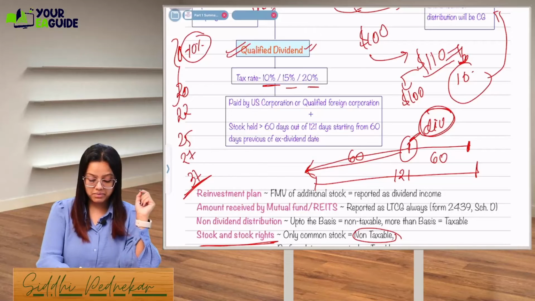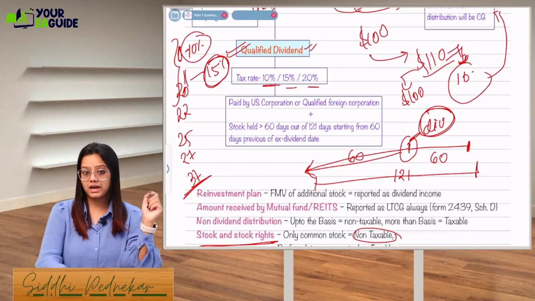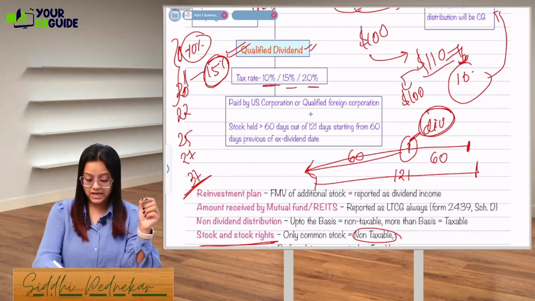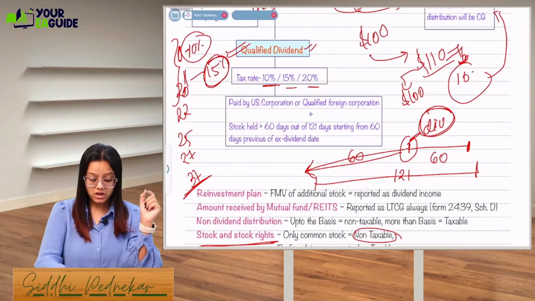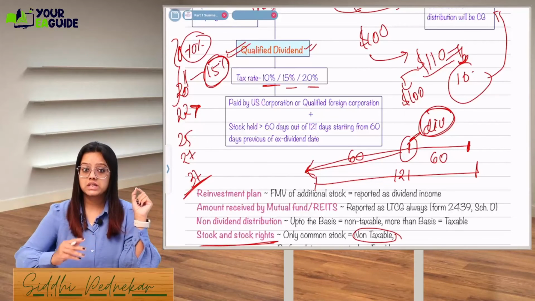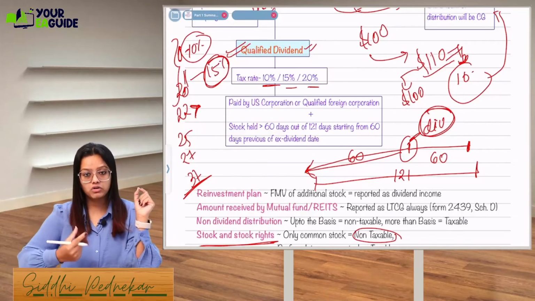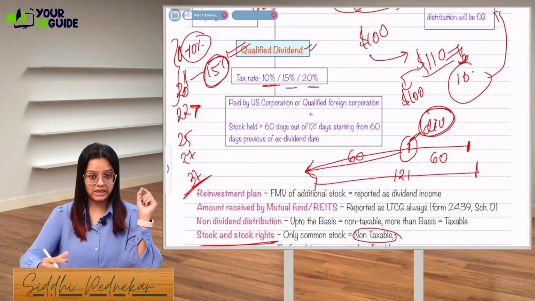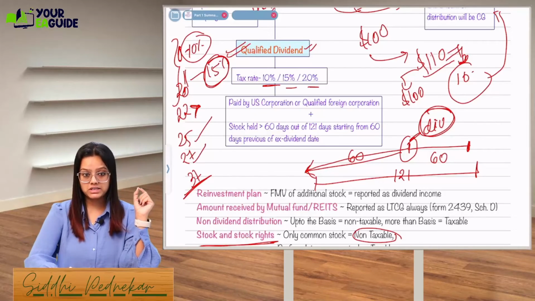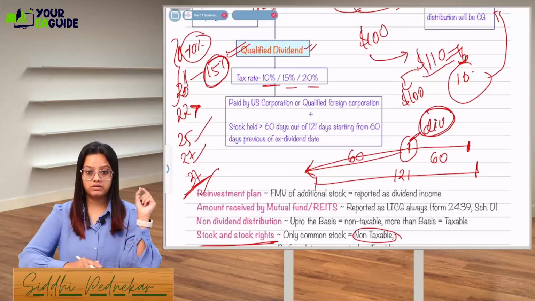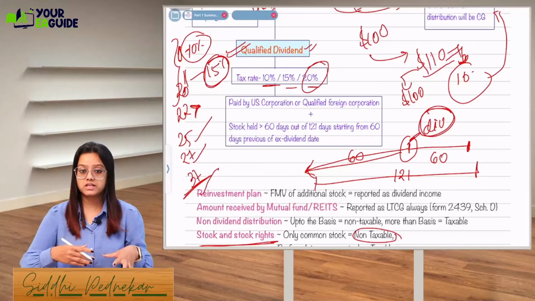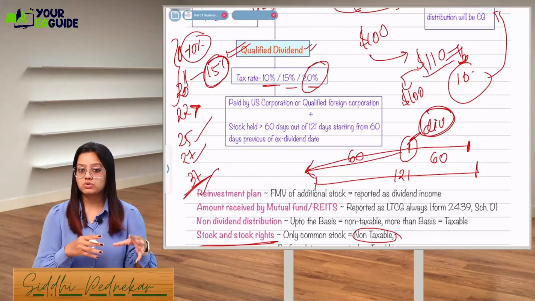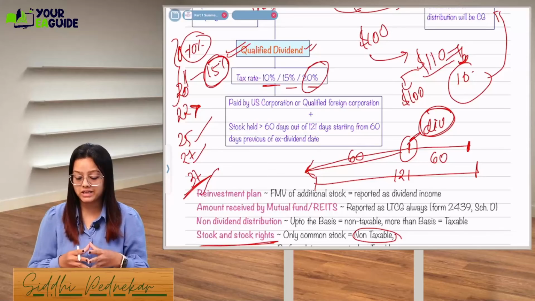If you have a slab rate from 11 to 15%, you will have to apply a maximum of 15% as the qualified dividend tax rate. More than 15%, whatever your slab rate is, you have to check which slab you are falling in. If it is more than 15, even if it is 25, 27, 37, the maximum qualified dividend tax rate will be 20%. This is the tax rate used for qualified dividend, that is the special tax rate.